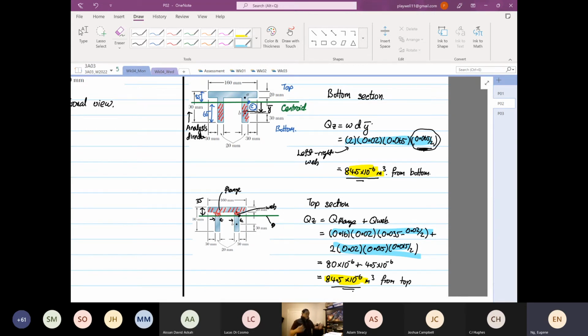I usually use easier geometry because fewer mistakes will be made. Important to take note is that the first moment of area, whether from the top or from the bottom, is the same. I want you to have that confidence, because it can be confusing at times.